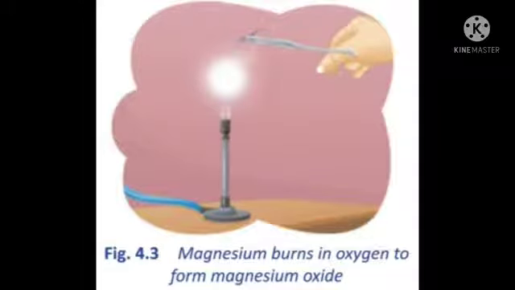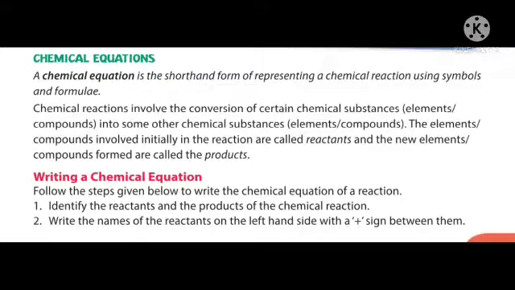So how to balance the equation? On the left hand side, the reactant side, see what elements are present. For example, hydrogen and oxygen: if 2 atoms of hydrogen and 2 atoms of oxygen are there, the equal number of atoms should be in the product.